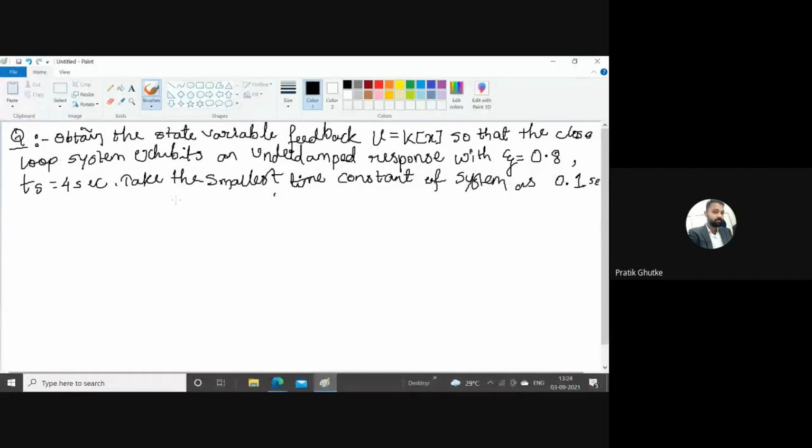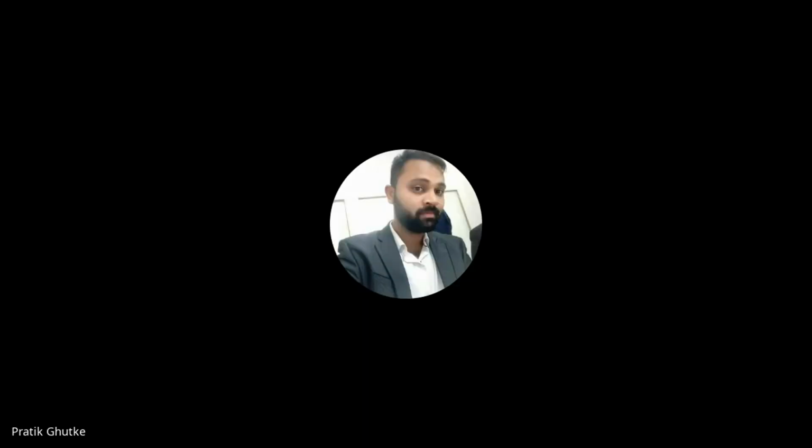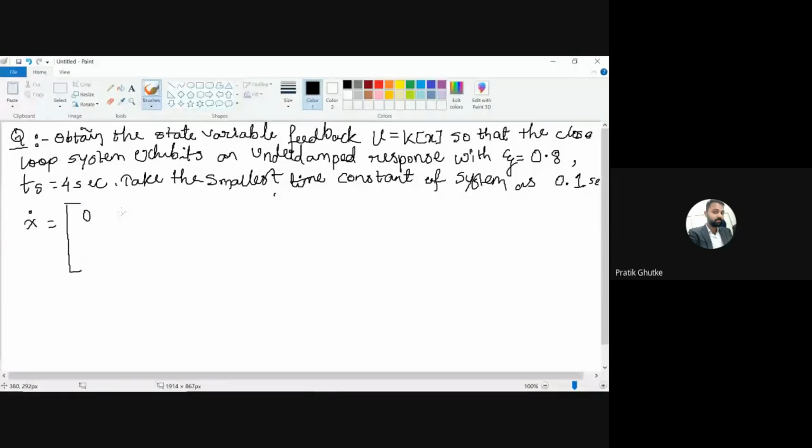And the state equation they have given: x dot equals to A matrix they have given. A matrix is 0 1 0, then 3 0 2, then minus 12 minus 7 minus 6, into x, plus B matrix they have given.